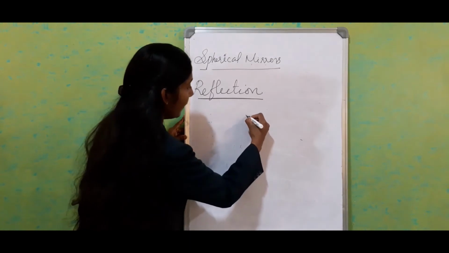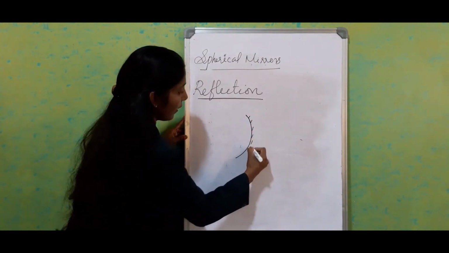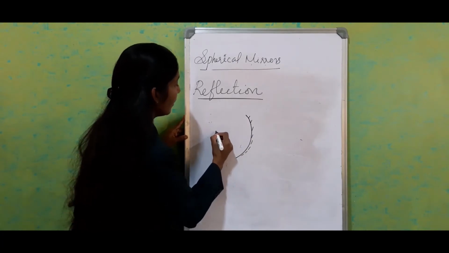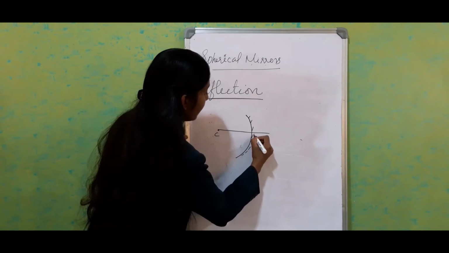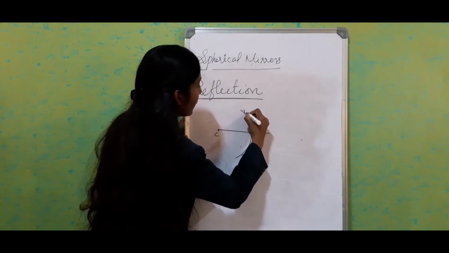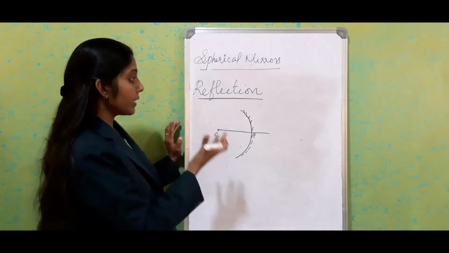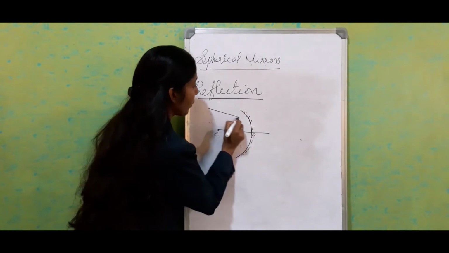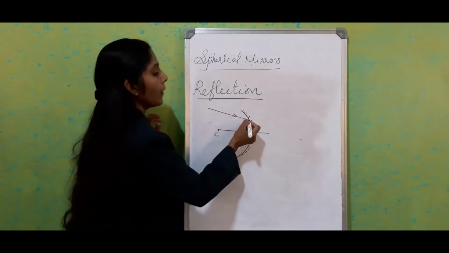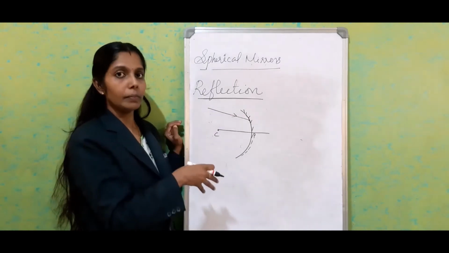Just consider a concave mirror. We have to mark the center of curvature and pole. We can take any ray which strikes the mirror. I am just drawing it here. This is the point where it strikes the mirror.